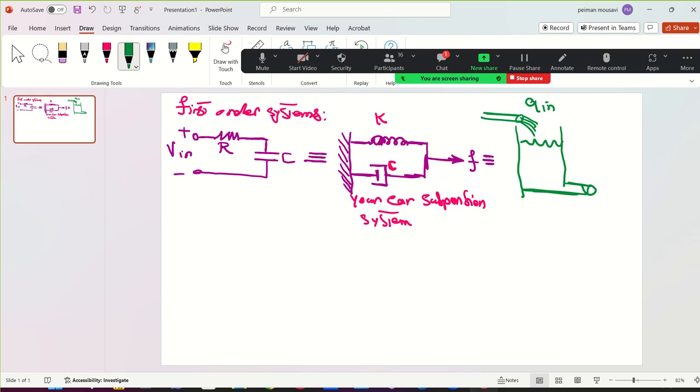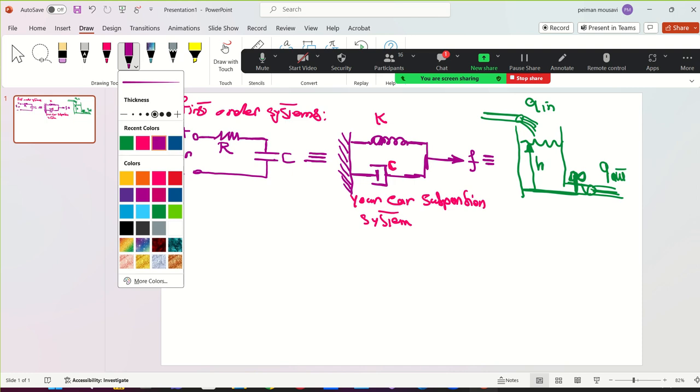Q in and Q out. Inlet flow, flow rate, outlet. So you have a height here, height of the fluid, whatever it is. I say here's water, H. And you have a valve here, like your kitchen sink valve.